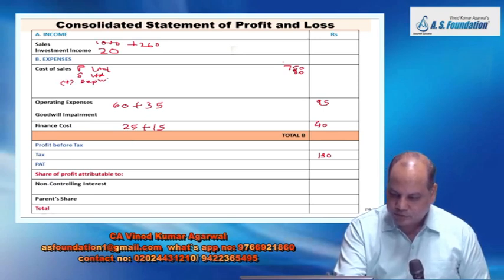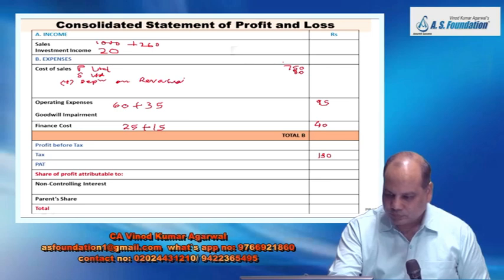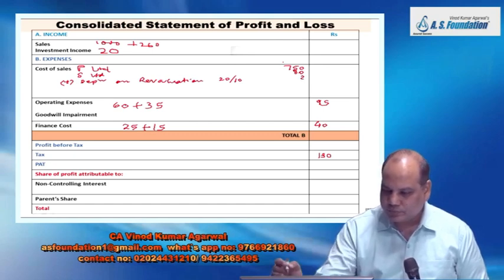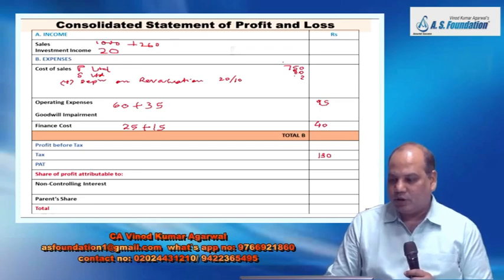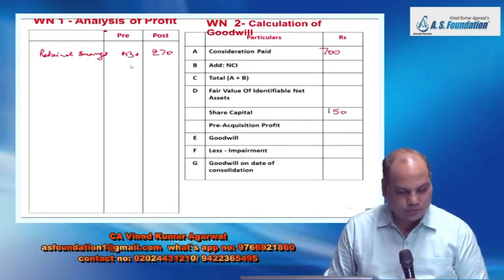Add depreciation on revaluation. Now here we'll write only 20 divided by 10, 2. Because this is current year P&L account. And then we'll go to analysis of profit also.